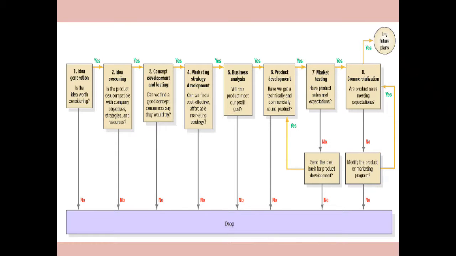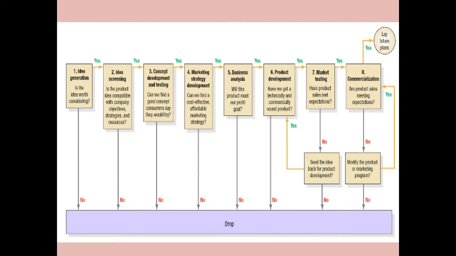And this is a slide which talks about new product development, where there are various aspects involved, like idea generation, idea screening, concept development and testing, market strategy, business analysis, product development, market testing, and then commercialization.